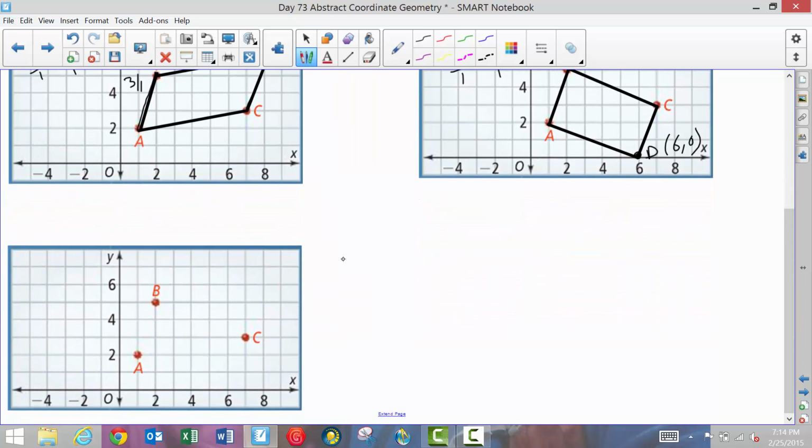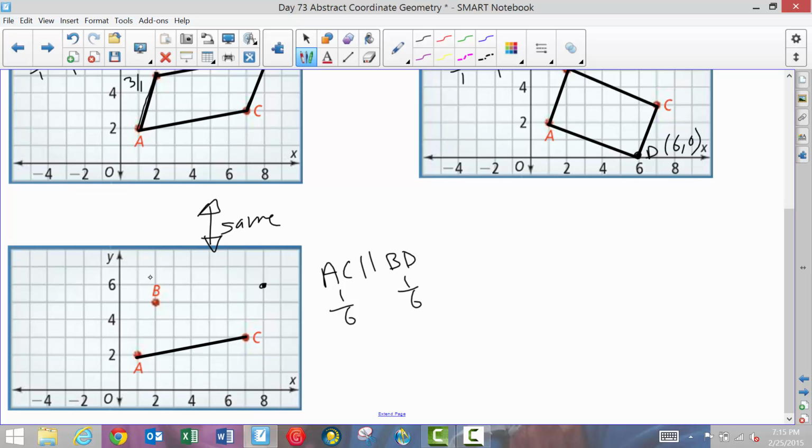So there's another point for point D. In this case, I am going to do AC slope. I know that AC has to be parallel to BD. My slope of A to C is up 1 over 1, 2, 3, 4, 5, 6. So therefore my BD slope is 1 over 6. If I go up 1 over 6, this is the same.